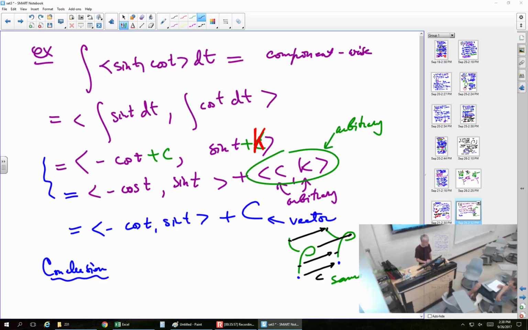If f is a function and we have two antiderivatives, they differ by a constant. So in other words, say f prime is equal to g prime, then f minus g is constant. It is exactly the same statement as in Calculus 1, except we now know that it's a constant vector. Otherwise, there is no difference.